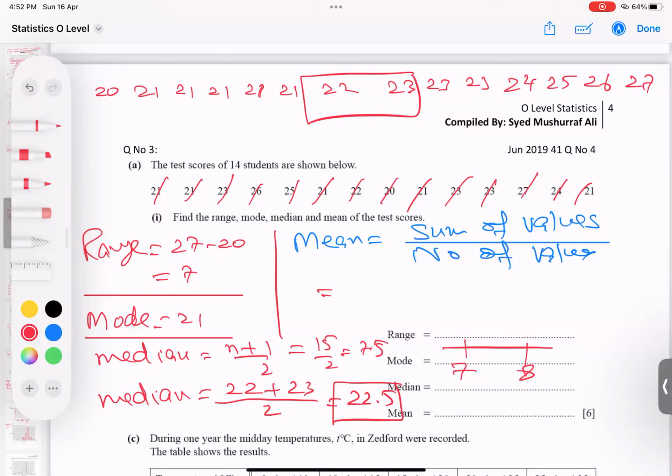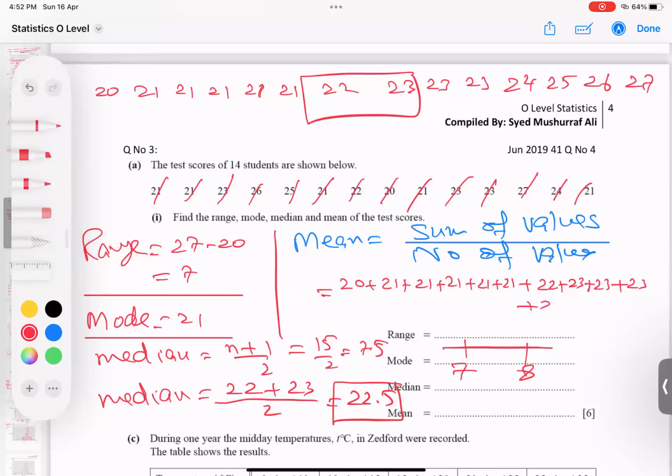Let me find out the answer. One minute, please. So yes. I'm saying add them all. Look, I have no space to write it. 20 plus 21 plus 21, 2, 3, 4, 5, then 22, then 23 three times.